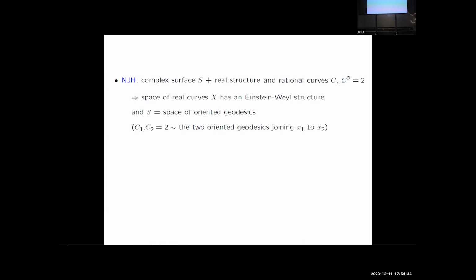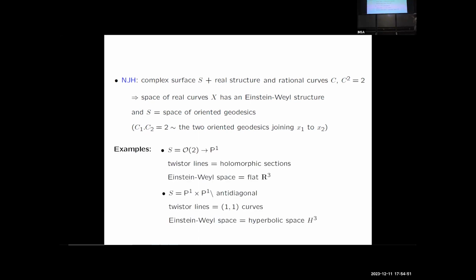The fact that the self-intersection is 2 means that two of them intersect in 2 points. That's equivalent to saying there are two oriented geodesics joining two points in space.